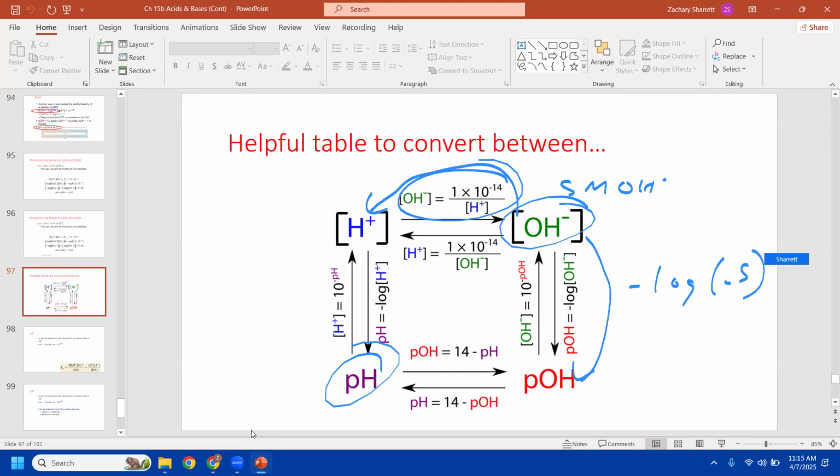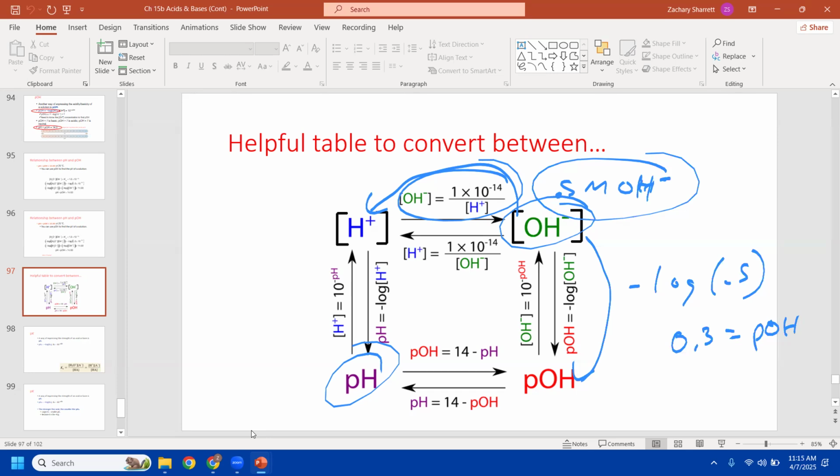What is the negative log of 0.5? That would be 0.3, the pOH of this solution. Because it was a strong base, I know exactly how much OH minus was in solution, right? I find the pOH of that OH minus solution, and then how can I get to the pH?